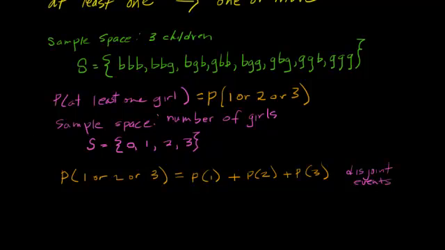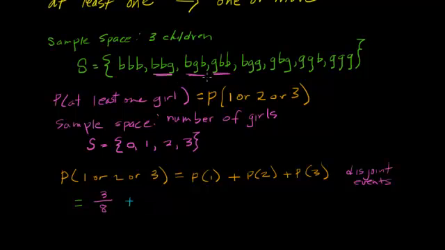Okay. Well, can we figure this out? Let's look back at our sample space. What's the probability that a couple has 3 children and one of them is a girl? Here's an outcome where there's 1 girl, here's an outcome with 1 girl, and here's an outcome with 1 girl. That's it. So there are 3 ways out of 8 possible outcomes to have 1 girl. Okay, how about the probability of 2?